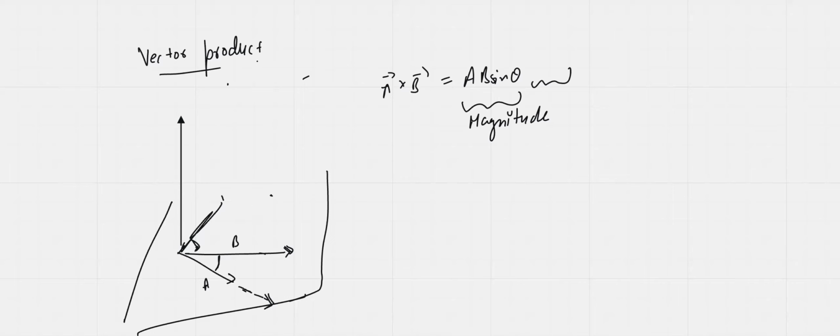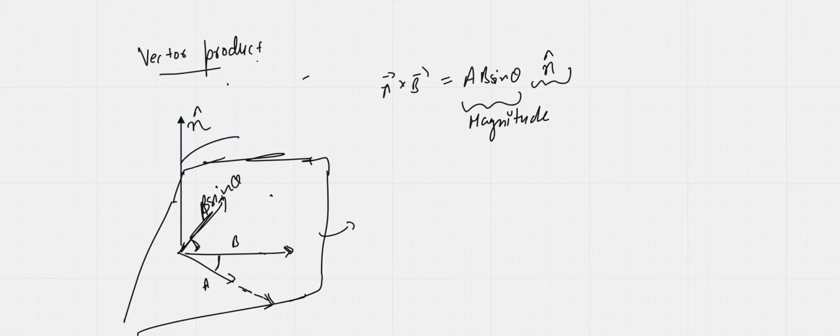So this was a times b sine theta, and this whole thing comes out as the direction of the vector. You can write this as a unit vector. Clear? How are you going to get the direction?